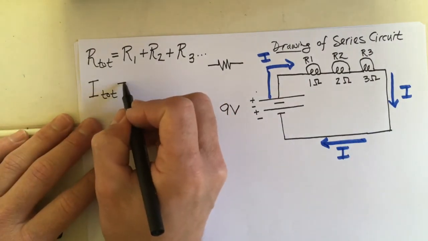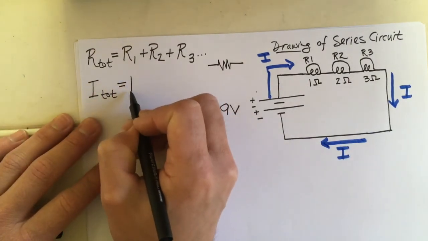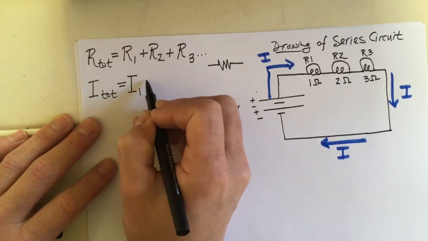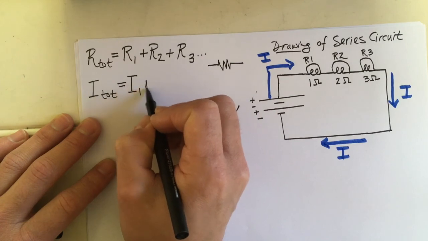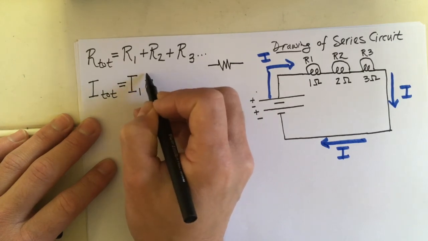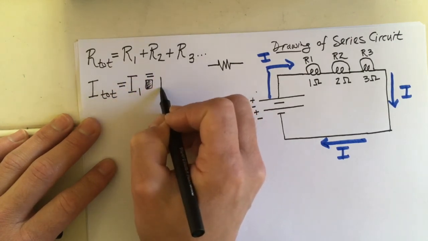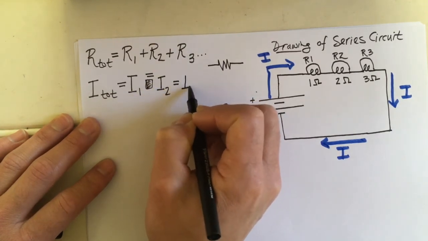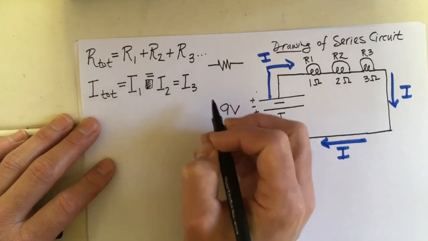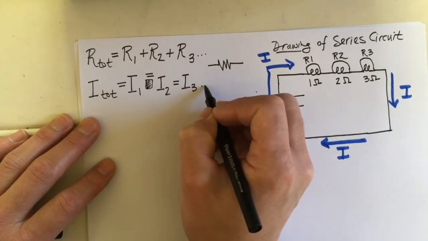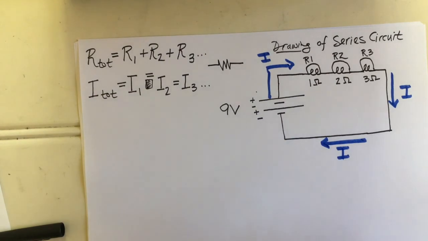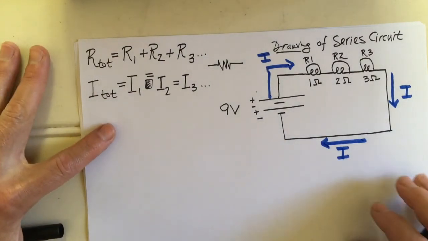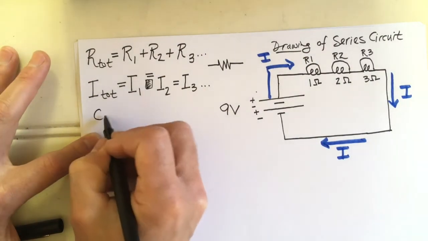So we can say here that I total for the entire circuit is equal to I1, is equal to I2, is equal to I3, and once again, dot dot dot. And so what we're saying here is current is conserved.